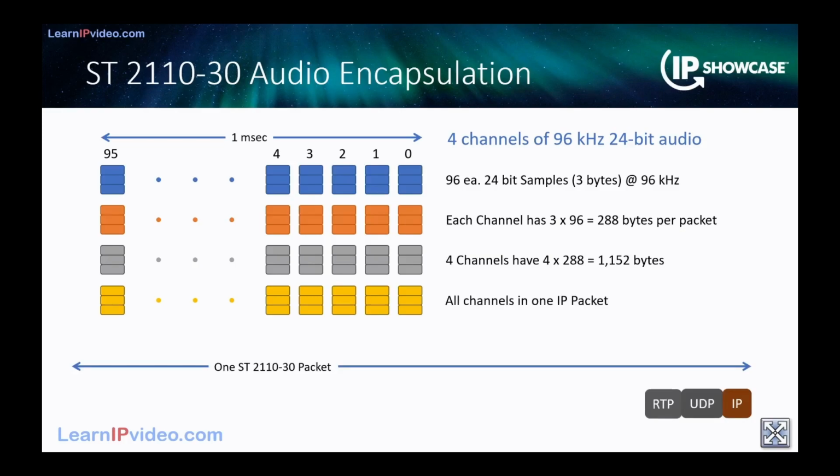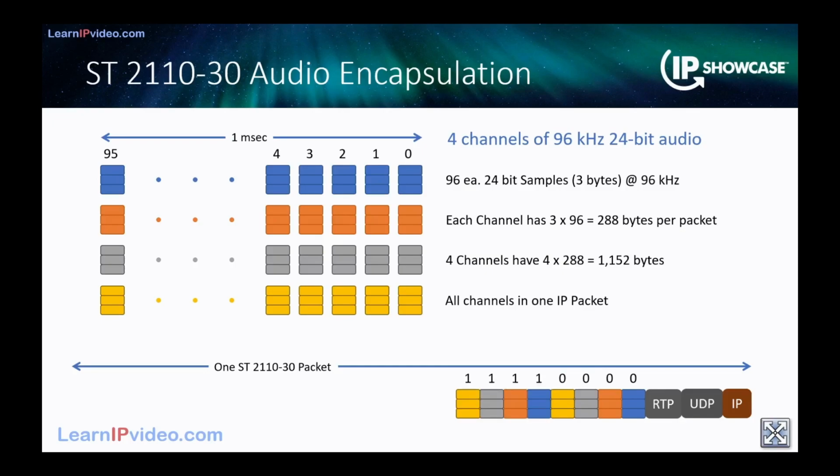I'm going to put that into one ST2110-30 IP packet. So because it's an IP packet, I need an IP header, I need a UDP header, I need an RTP header, and then I'm going to put my audio data in there in a round-robin fashion. So first I'm going to put in all of my number 0 samples, 1 from each of the 4 channels.